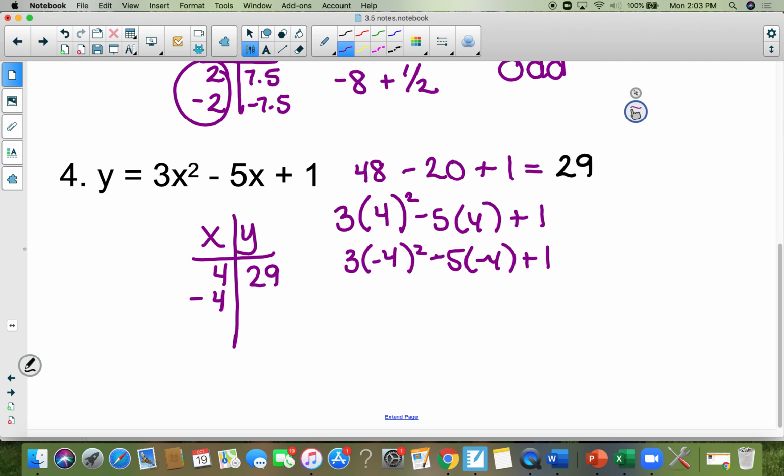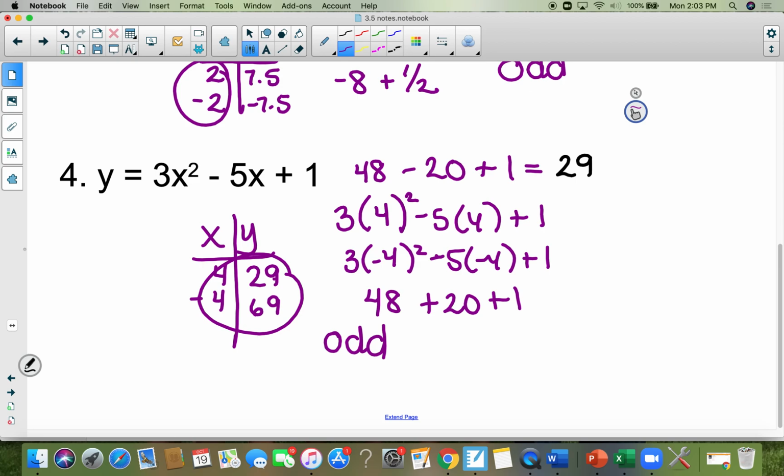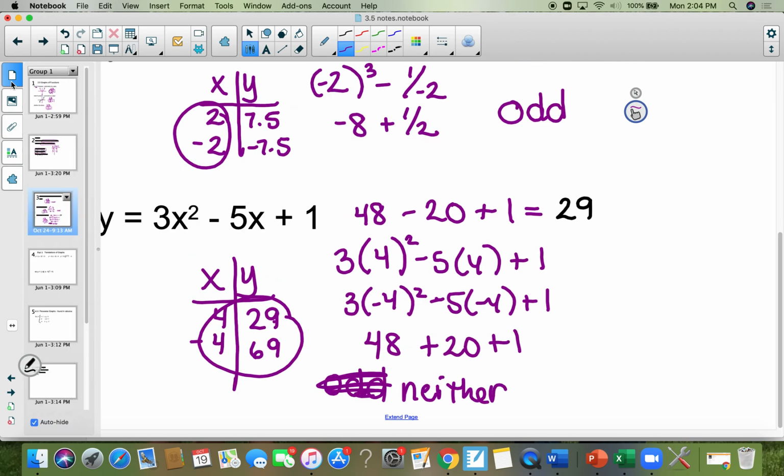This is going to give us a positive 48 plus 20 plus 1, 69. These numbers are not even close to being the same. They're not the same and they're not opposite. It's not an odd, it's a neither function. I think you get the idea about that now.